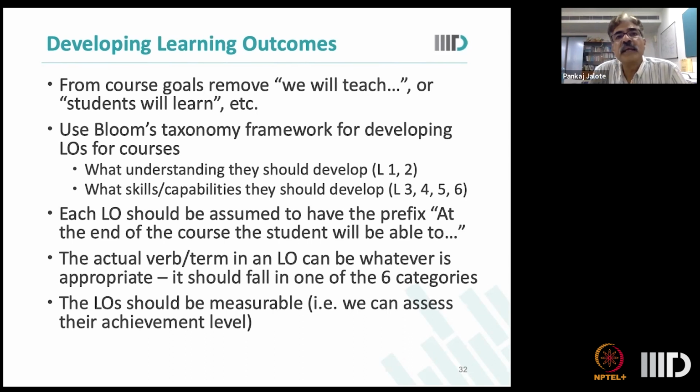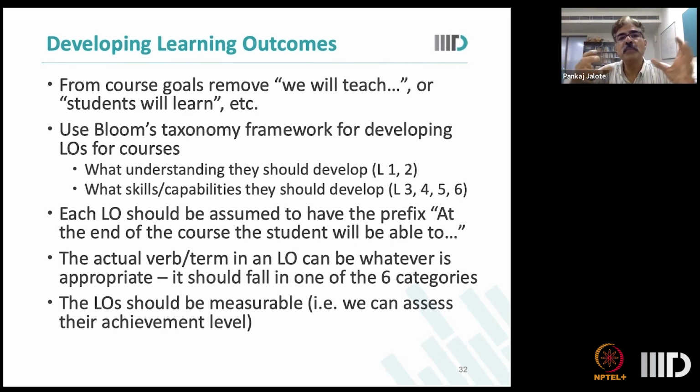And finally, the learning outcome should be measurable, not in the sense of measurement of that kind, but in the sense that you should be able to assess and say this student has learned better than the other student. This student has achieved more learning outcomes, or achieved them better than the other one, right? We have to finally do that.